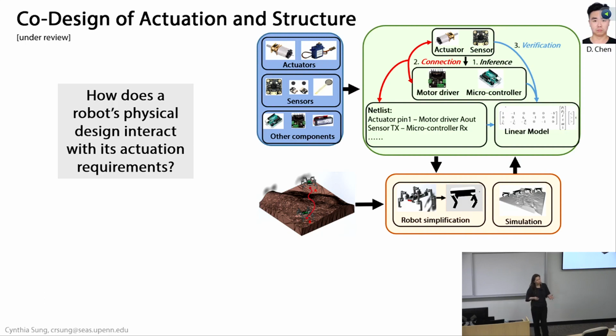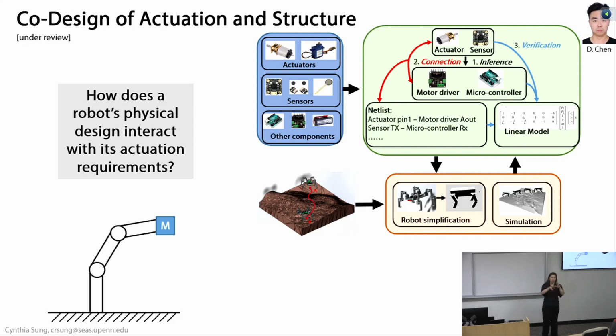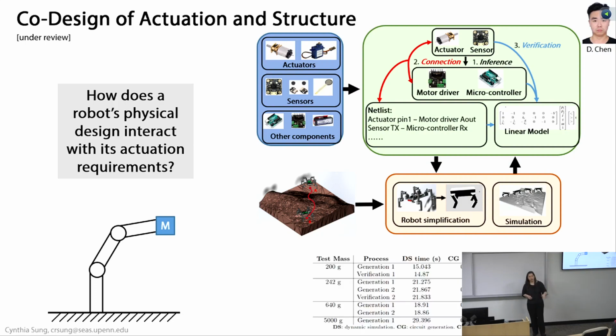And so we've been thinking about these co-design problems where if I know what the robot's motion needs to be, I know what kind of environment it needs to interact with, but I need to also design the electronic structure that goes on board, how do I create these algorithms that can also tell me the electronics component and what are the microcontrollers, H-bridges, voltage regulators, all of that also need to support the robot so that I can design full electromechanical systems. And so he's been working on these algorithms that are iterative, that basically iterate between the dynamical model and the electronics design in order to create these fully functional systems.